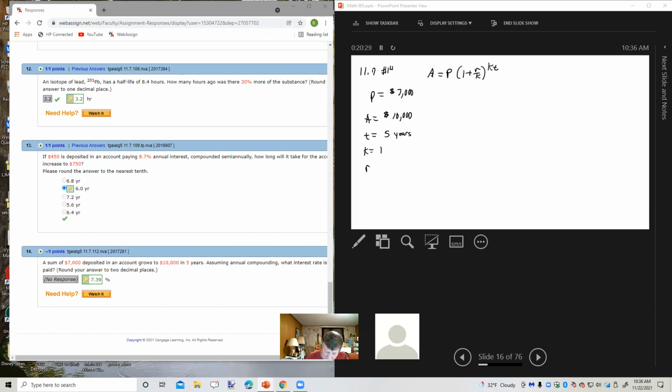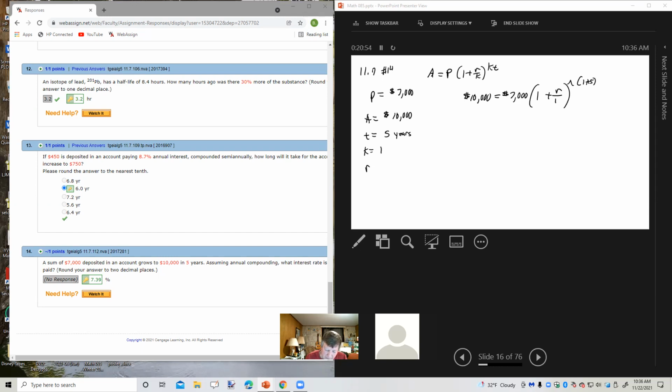Okay, so plugging all those numbers into the formula, we get the following. $10,000 equals $7,000 times the quantity 1 plus R, which we don't know, over K, which is 1, to the KT power, which is 1 times 5.